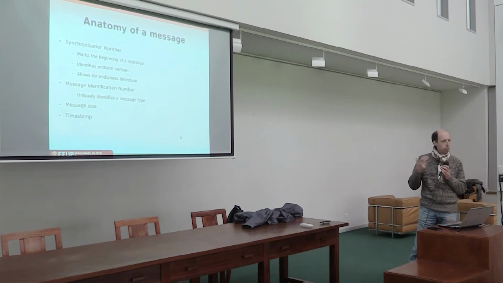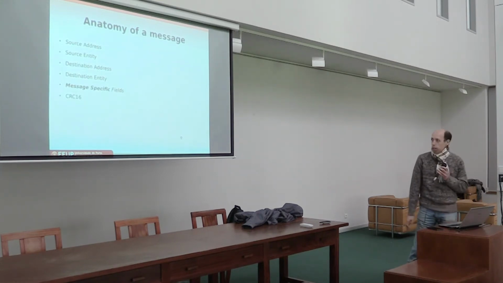You can use big endian or little endian, and with this synchronization number you are able to see if you have to deserialize it as big endian or little endian. It is the starting point for the serialization of that message. And you also have the identification number of the message, which is unique, the message size, and the timestamp. Basically this is the header of the message.